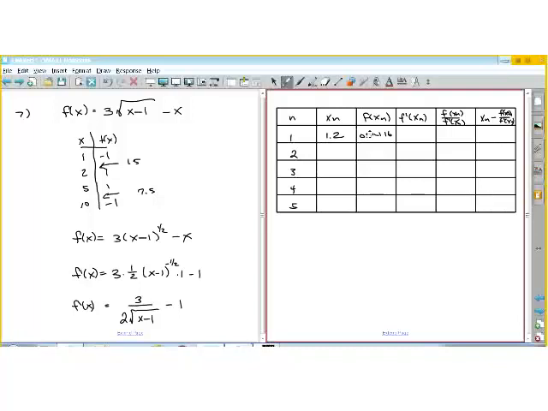And 3 divided by 2 divided by the square root. So what I'm doing right now is I'm finding the derivative. So I get 1.2 minus 1 under the square root, and I get 2.35. Yep. 2.3541.